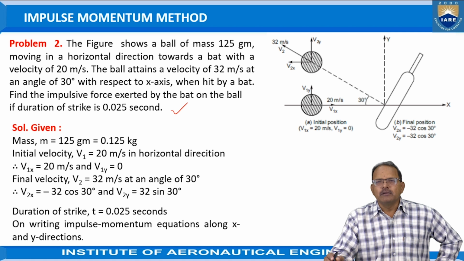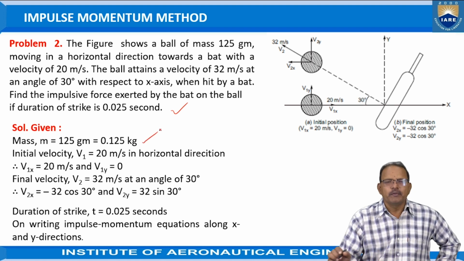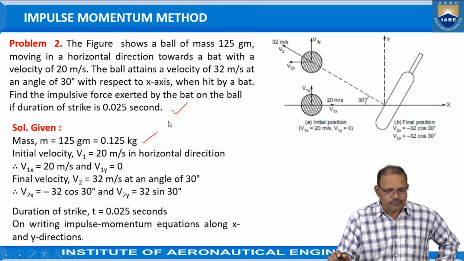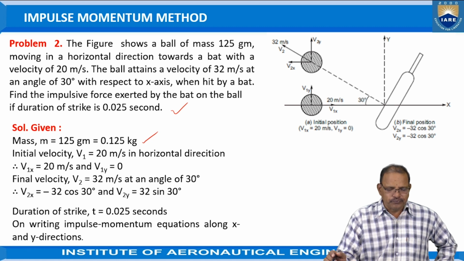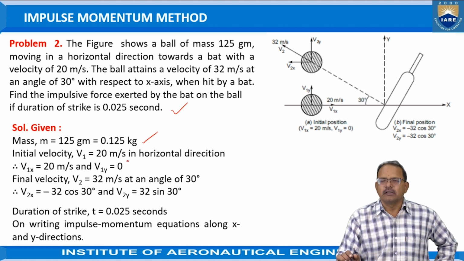The given data in the problem: the mass of the ball is given 125 grams. It is converted into kgs, which is equal to 0.125 kgs. The initial velocity, that is before the ball hits the bat, is in horizontal. So, v1 is equal to 20 meters per second.